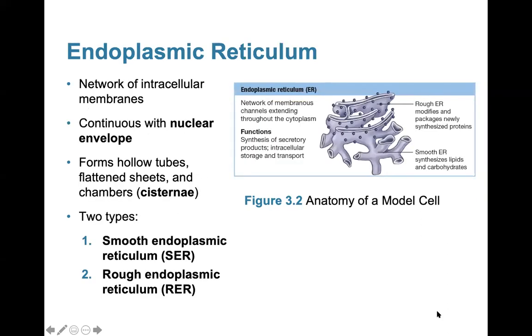The endoplasmic reticulum comes in two forms. The rough ER has ribosomes, so this is going to be involved in protein synthesis. The smooth ER will synthesize lipids and carbohydrates. And again, the overall function of the endoplasmic reticulum is the synthesis of secretory products, meaning products that would be secreted from the cell, and intracellular storage and transport.